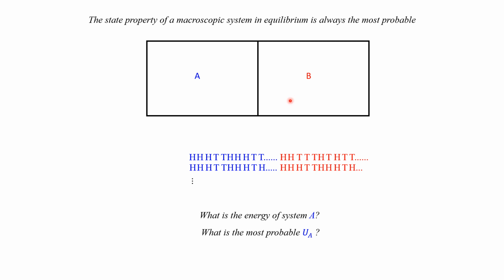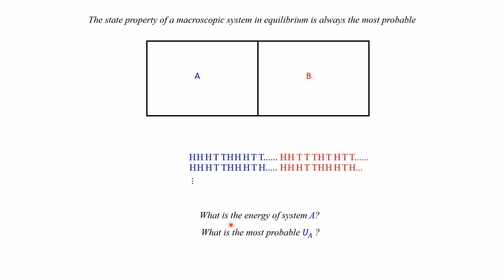Since now the system is macroscopic, the question, what is the energy of system A, reduces to the question of what is the most probable energy, because now the probability of finding system A having the most probable energy is almost 100%, virtually equal to 100%, because this probability of the most probable energy is overwhelmingly higher than the probability of finding system A having any other energy.